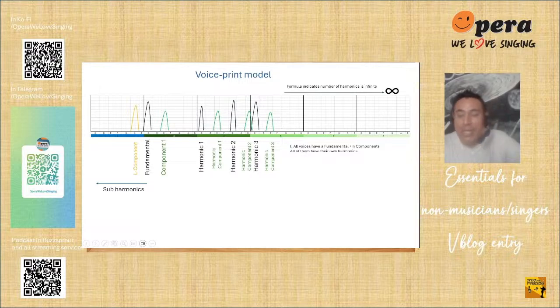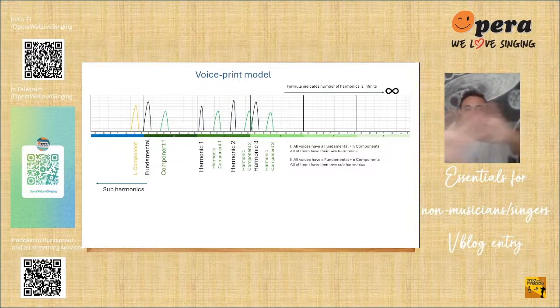We don't know how many components each of the human voices has. All of them have their own harmonics that run to the infinite. All the voices have a fundamental and n components, and all of them have also their own subharmonics. So this graph would be so cluttered with waves that it basically becomes impossible to read. But that would actually be your print, your voice print.